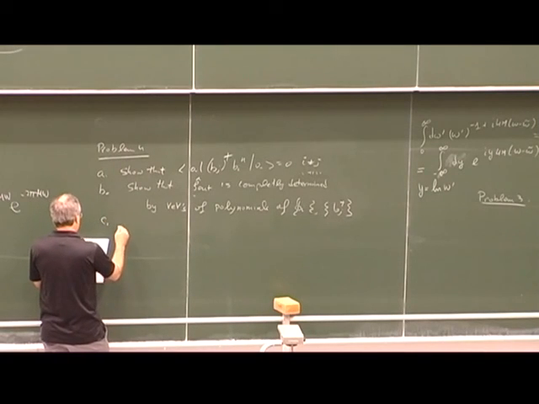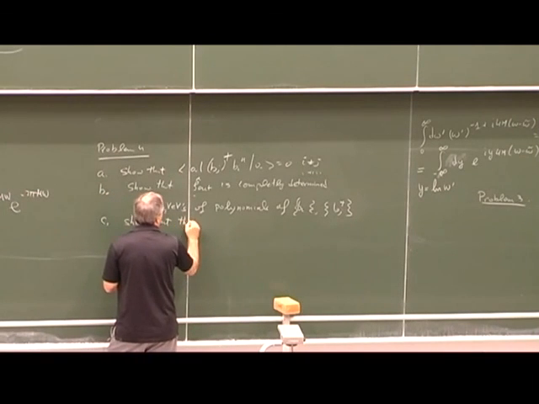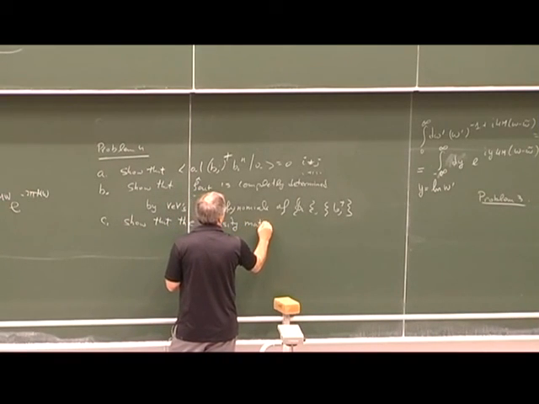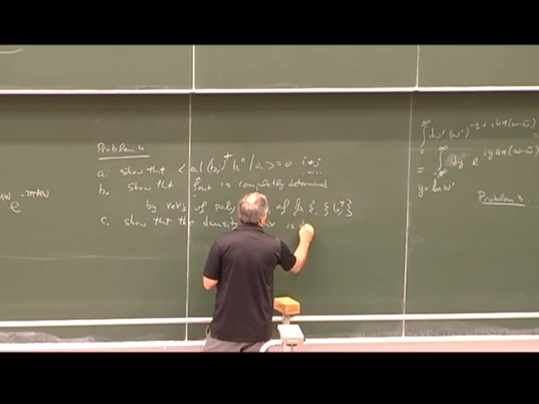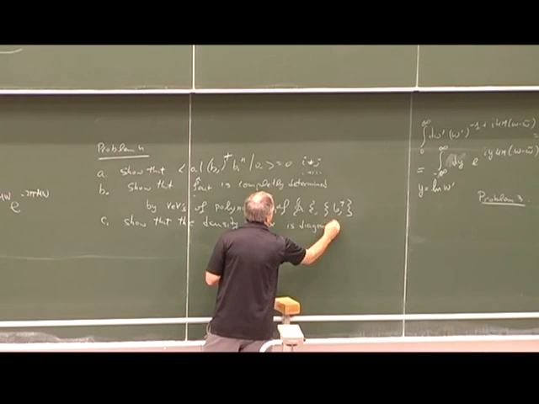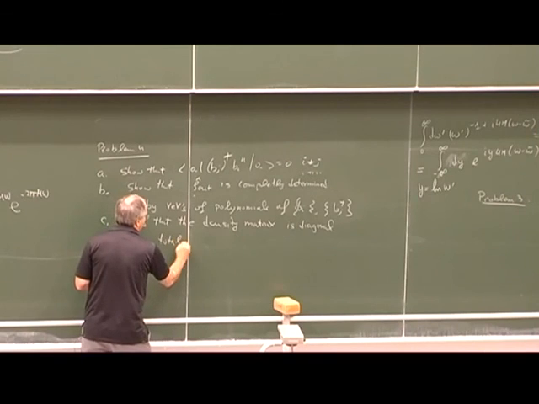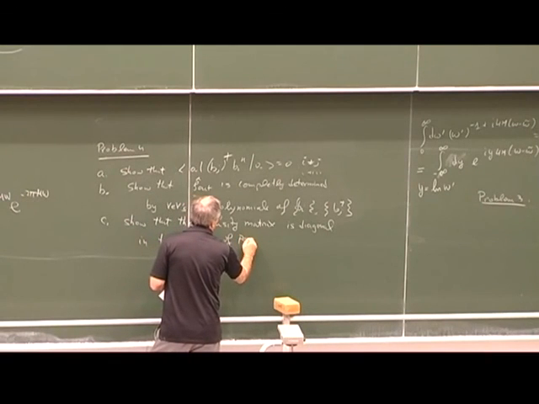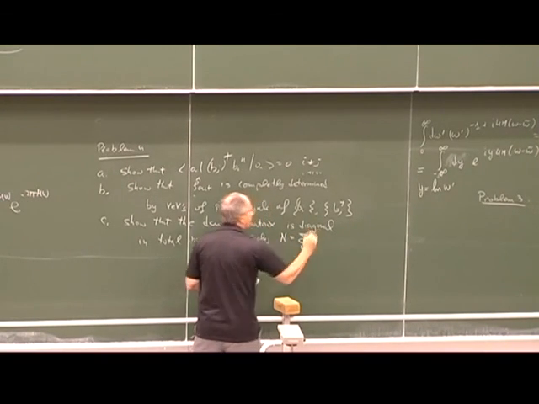C: show that the density matrix is diagonal in the total number of particles, so N is some sum of N_i.